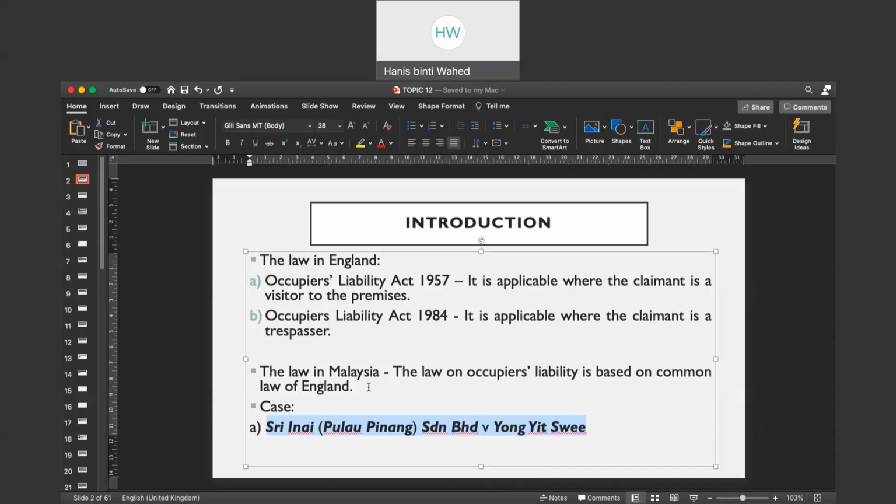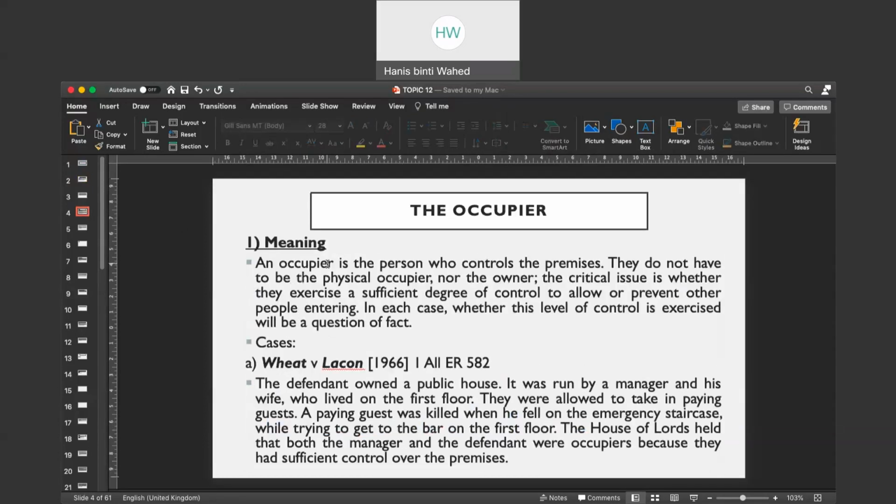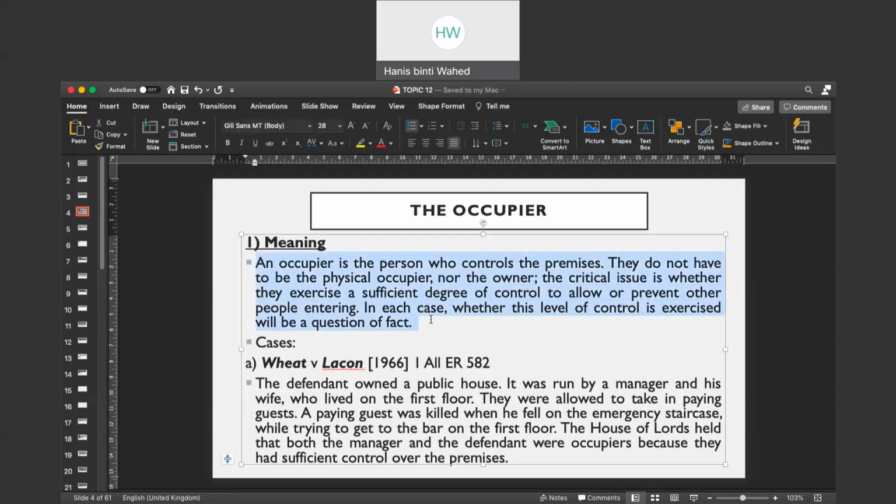All right. The first one, as I've mentioned, we will discuss who is an occupier. First, we need to determine who is the person that we can consider as an occupier. So, to prove any case, we need to determine who is the occupier first. As you can see from the meaning here, an occupier is the person who controls the premises.